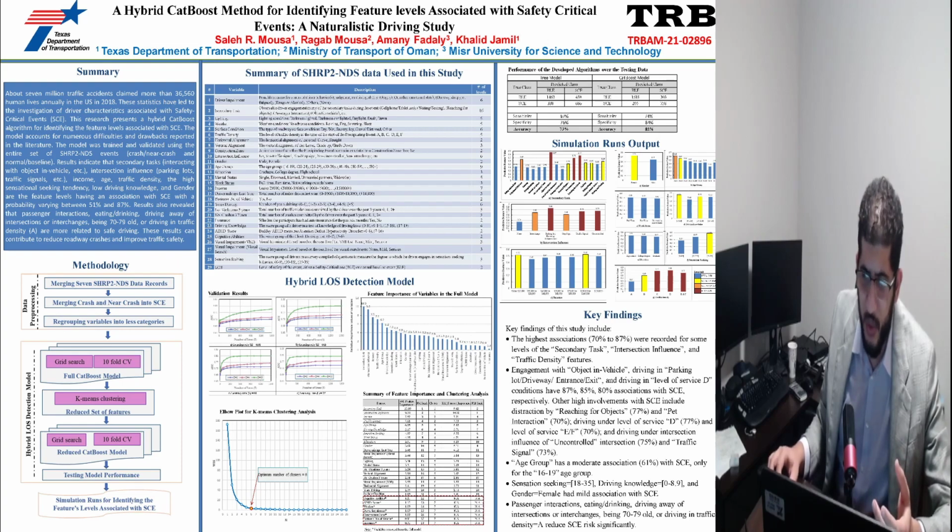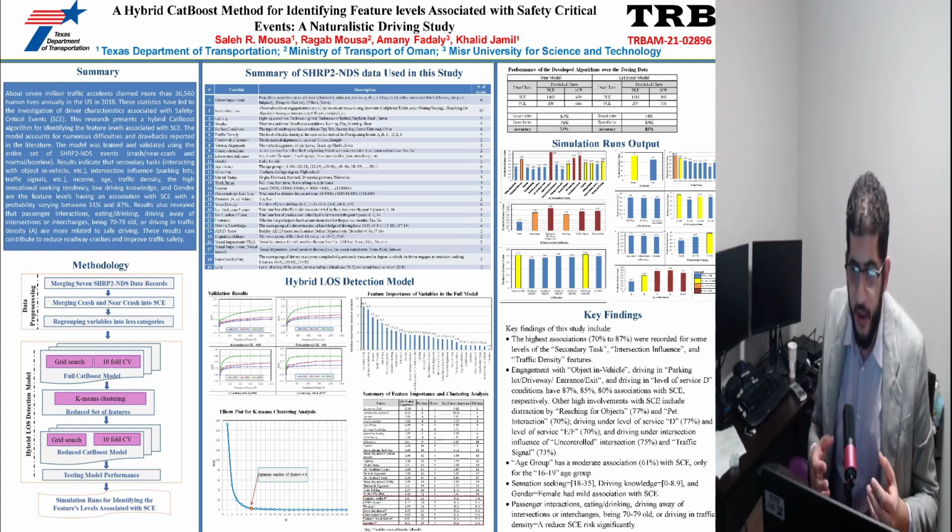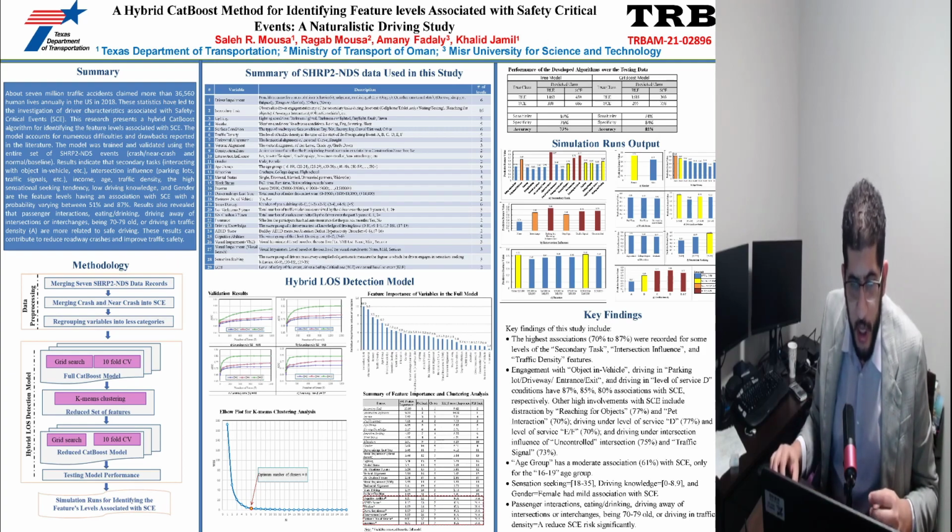This is the easiest way I could interpret this test. Those scoring 18 to 35, 35 being the maximum score, scored the highest in sensation seeking, and those with the lowest driving knowledge, scoring from 0 to 8.9, on a questionnaire testing how familiar the driver is with roadway and traffic rules, and gender equal female, all had mild association with safety critical events.